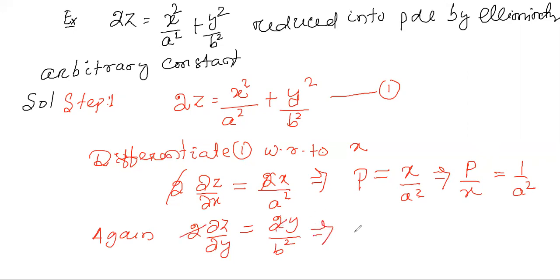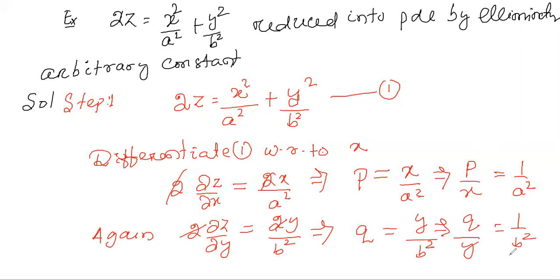What is the value? That is q. Q is equal to y by b square. Then that becomes q by y is equal to 1 by b square. See, 1 by b square and 1 by a square were both the arbitrary constants, which are eliminated from equation 1.